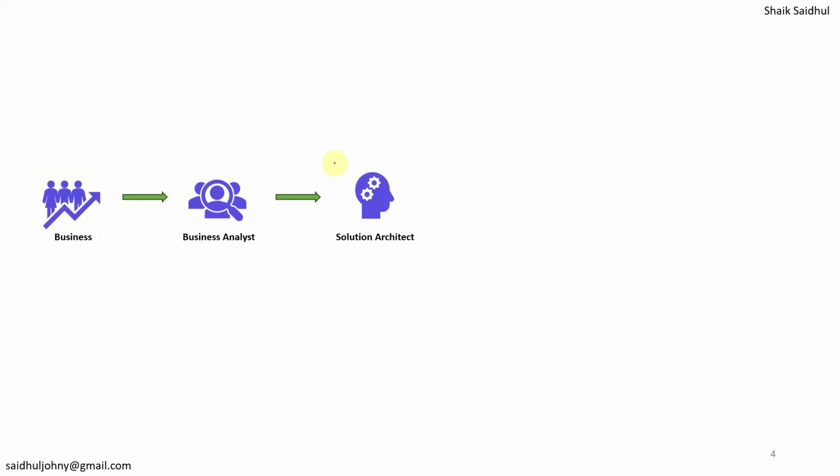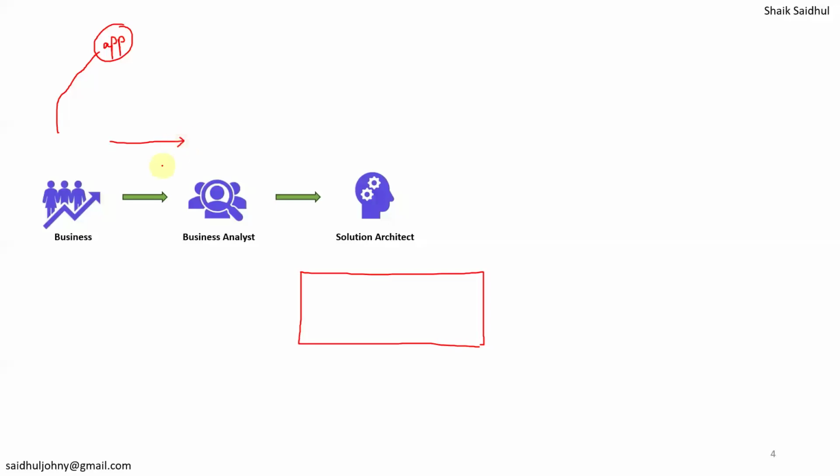Now, the solution architect is the one who designs the entire architecture to be followed for the deployment of the application. Right? These people wanted to create a new application. This guy gathers all the information or the needs, whatever the details that are required for the application. He converts that into technical information and passes that information to the solution architect.